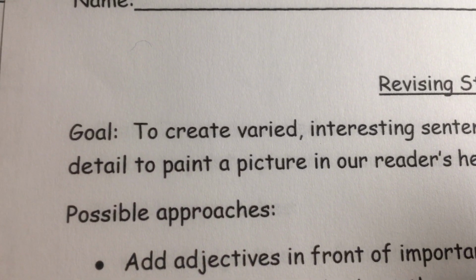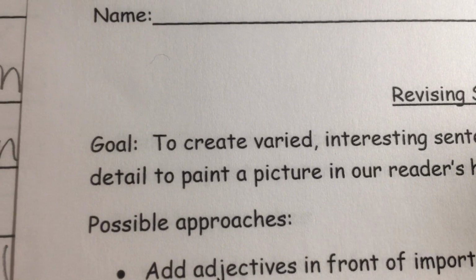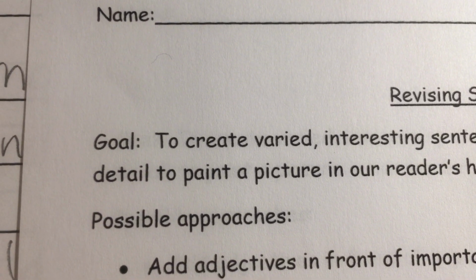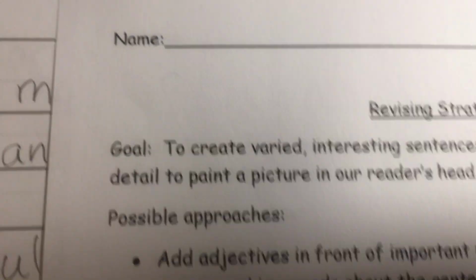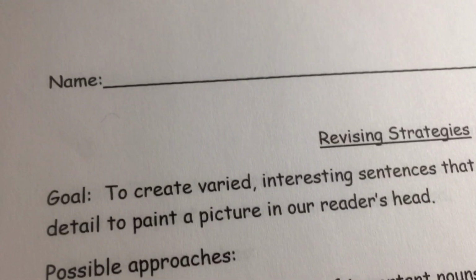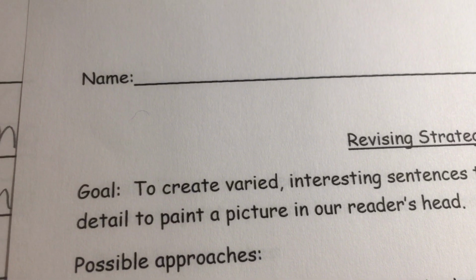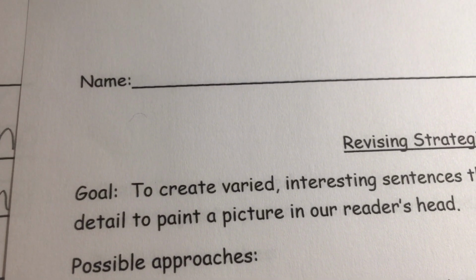The purpose of this video is to model and guide you through the process of revising your powerful paragraph sentences. You know, the revising step is the most important step in the writing process.